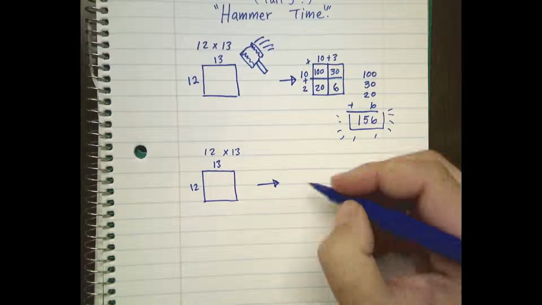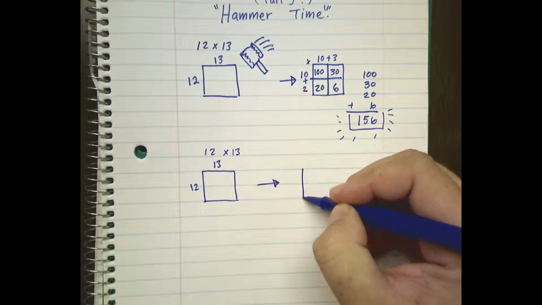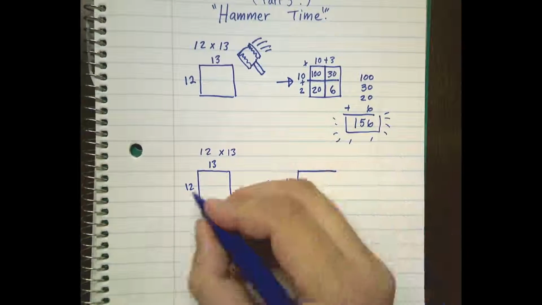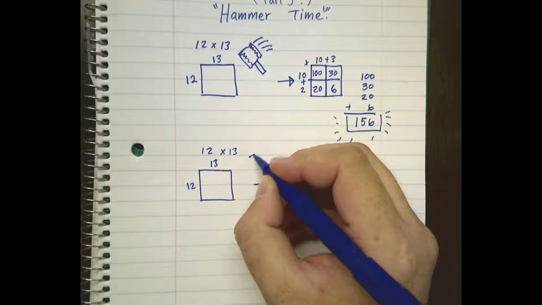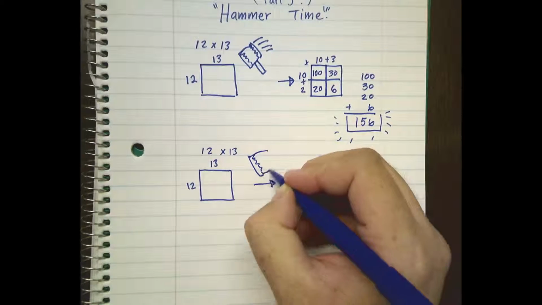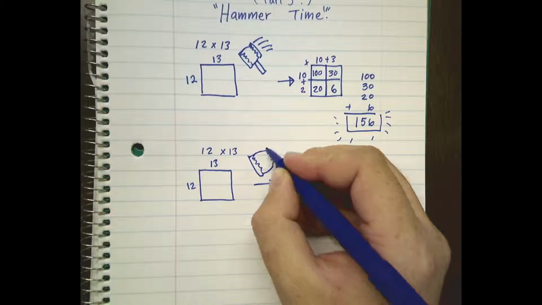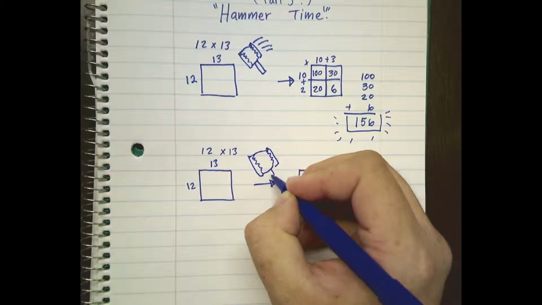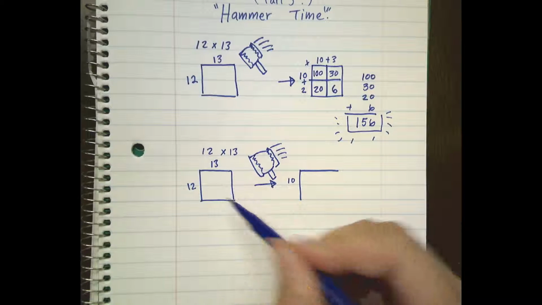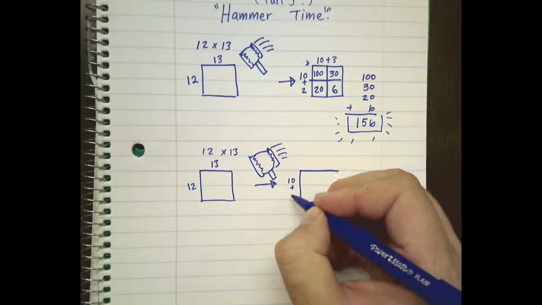All right, so our next box is going to be, still, we'll smash it again, so I'll get an even bigger hammer this time. And these numbers are going to get smashed into 10 plus 2.